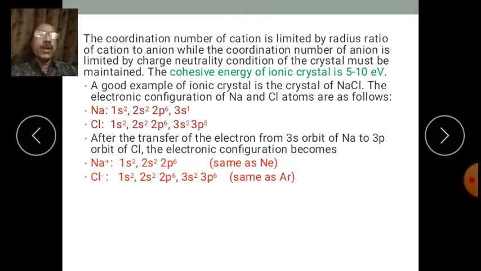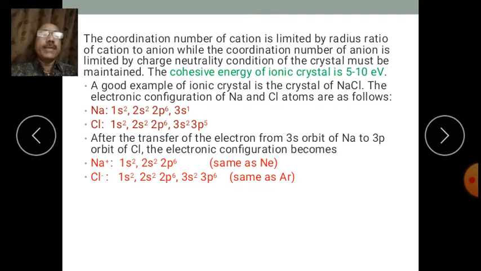Similarly, after gaining one electron, the electronic configuration of chlorine becomes 1s2, 2s2, 2p6, 3s2 and 3p6. So it is the same as the electronic configuration of argon.